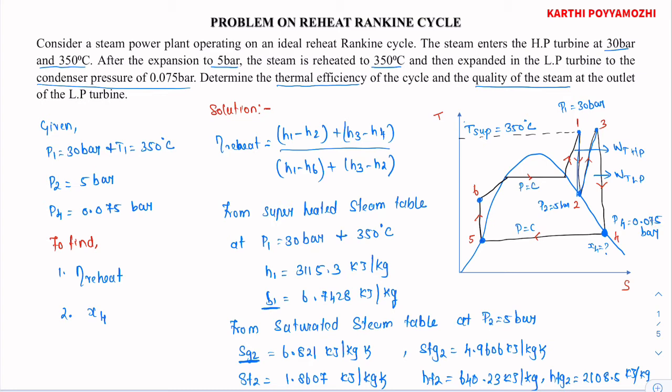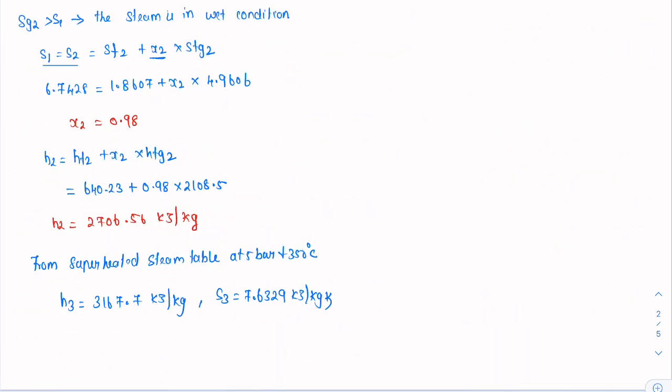Since the pressure at point 4 is 0.075 bar, we take the values with respect to this pressure from the saturated steam table.